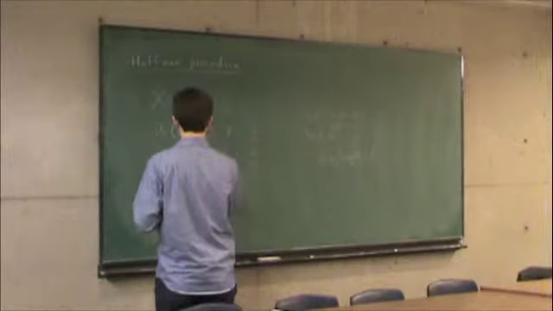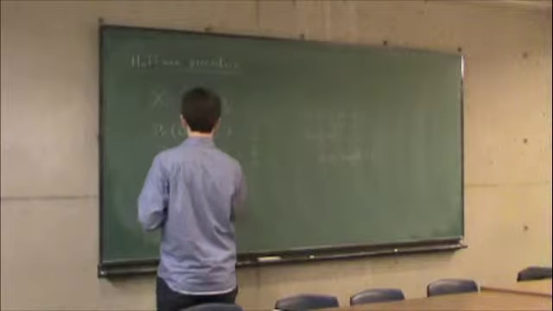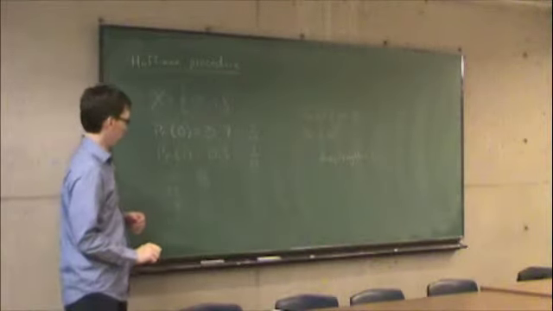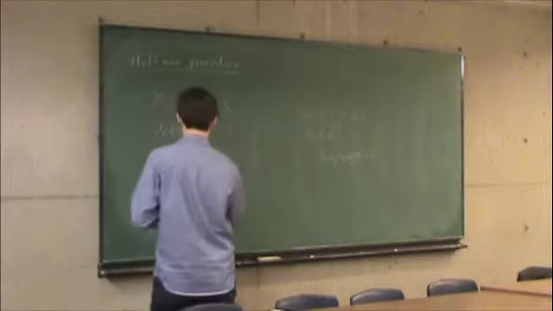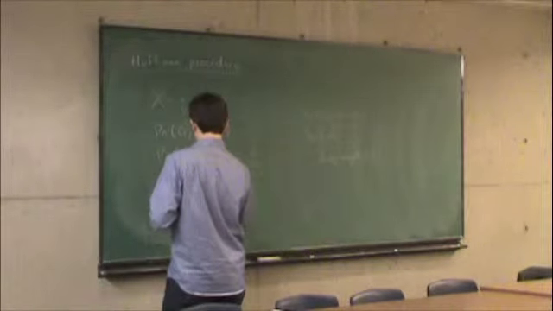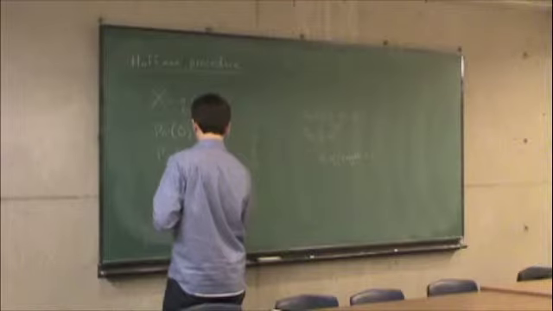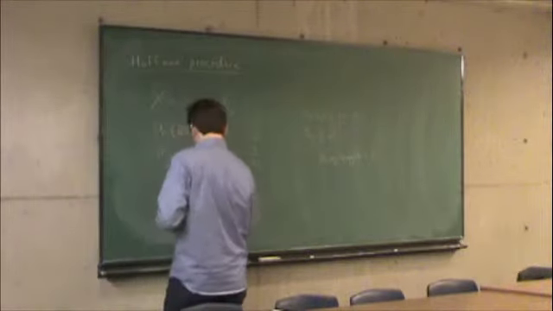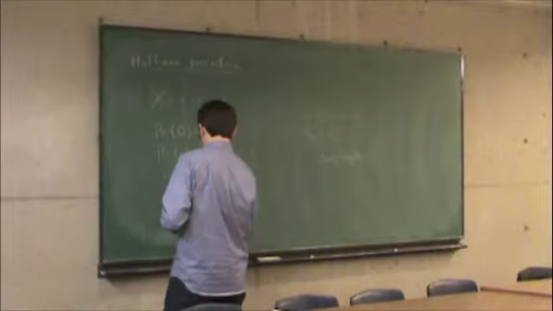It's 49 over 100. Probability of a 0,1: 21 over 100. Same thing with 1,0. And 1,1: 9 over 100.